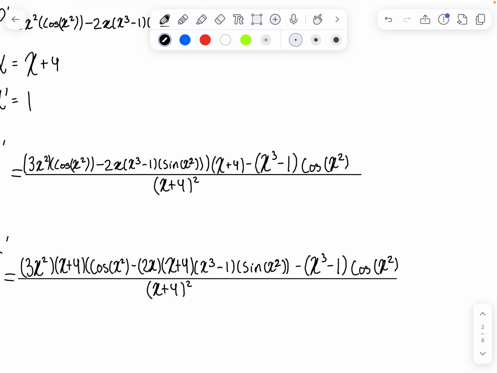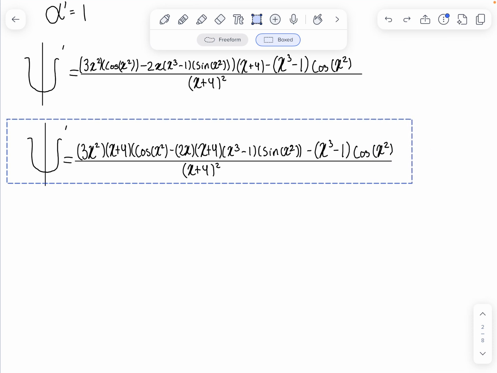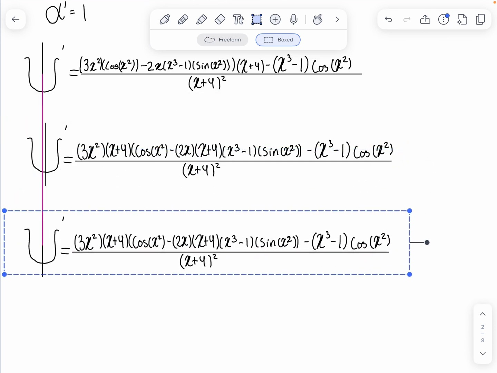Next, we just have to simplify everything. So we have to multiply this on here and multiply this on here. So again, I'm just going to duplicate this and erase the parts that I don't need or are getting changed.